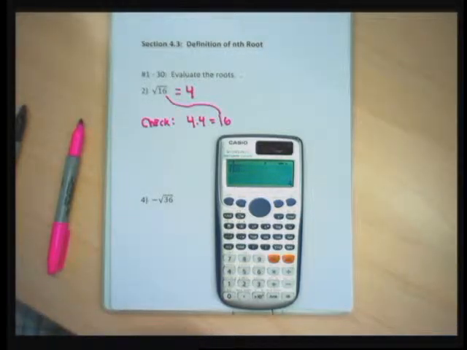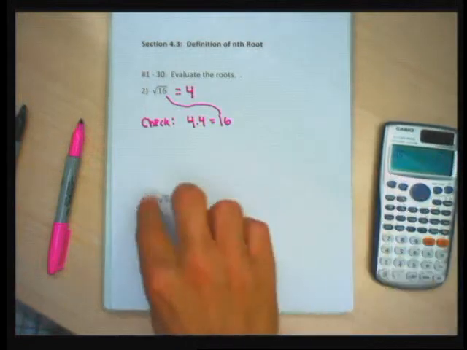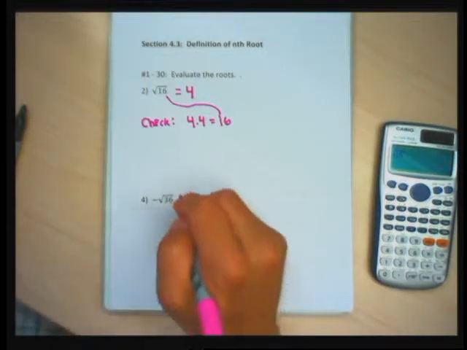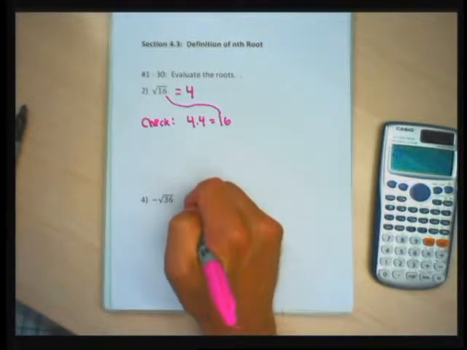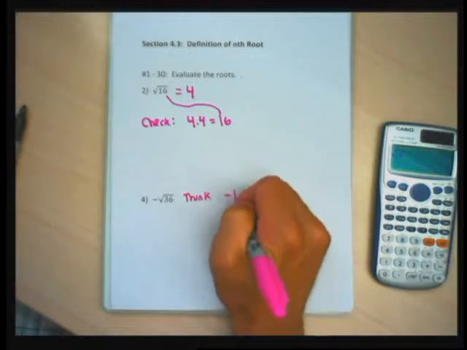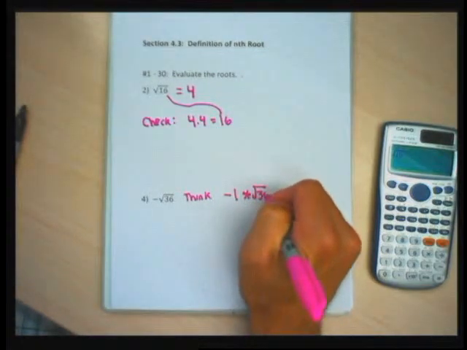Number 4 is a little bit different. The negative in front of the square root means find the opposite of the square root of 36, or equivalently, multiply the square root of 36 times -1. The square root is kind of treated like a parentheses, and I do it before anything else. So if I was doing this by hand, I would think of this as -1 times the square root of 36.